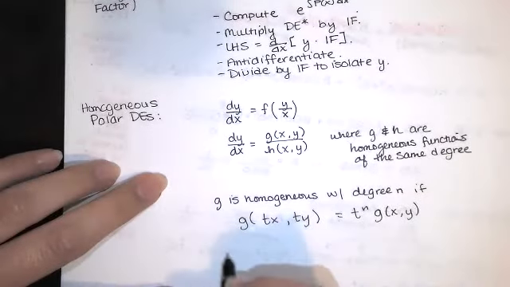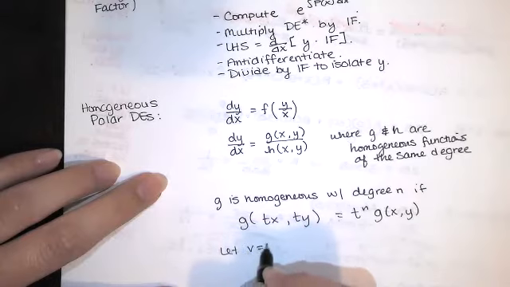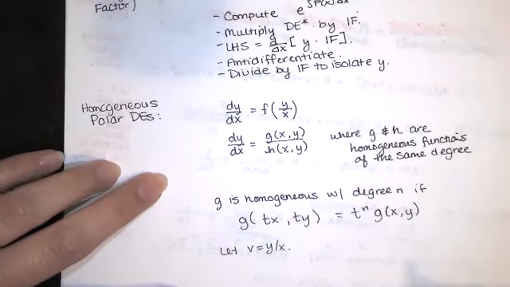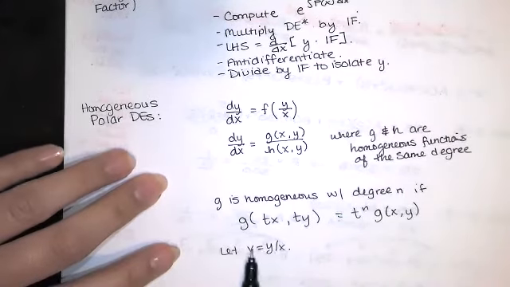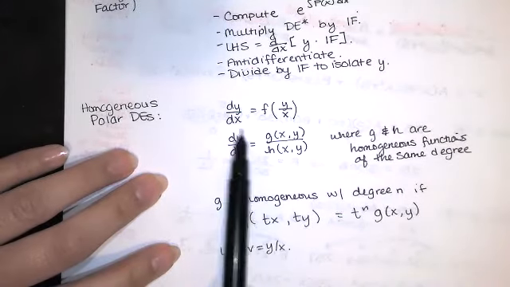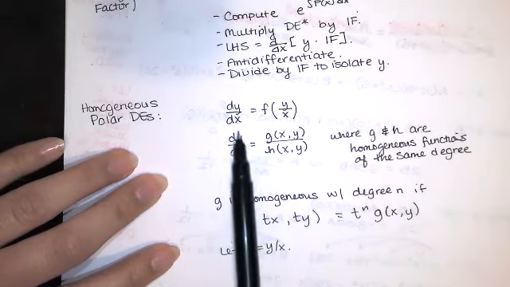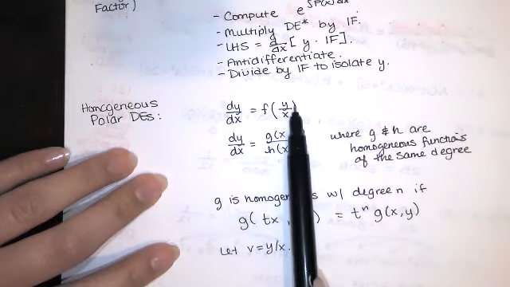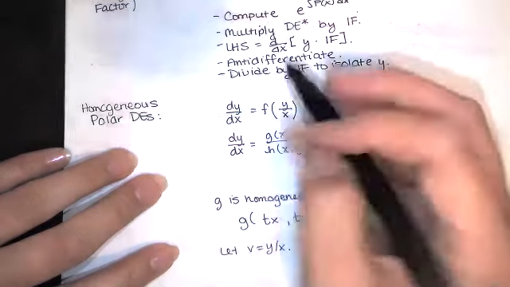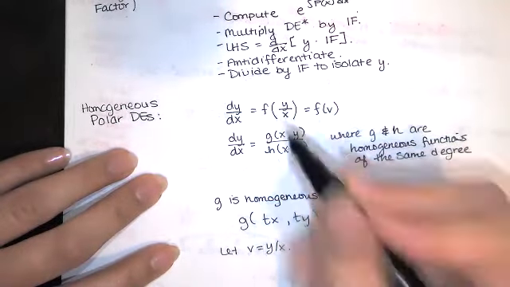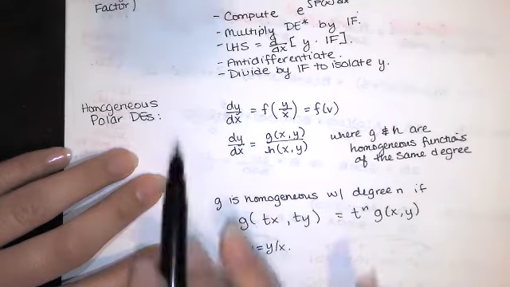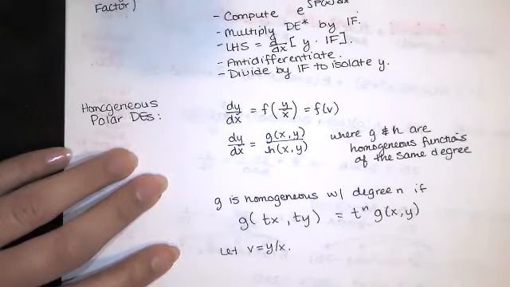then this is solvable by letting v equal y over x. And if we let v equal y over x, there are certain consequences for dy dx. So dy dx is something that we can write in terms of v and x. And this f of y over x will be f of v by definition of v, because we're letting v equal y over x. And then the resulting differential equation will be separable.